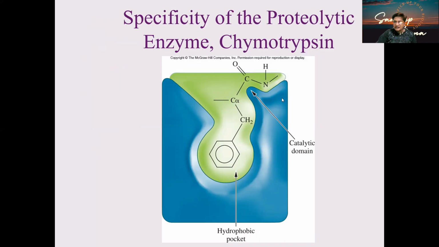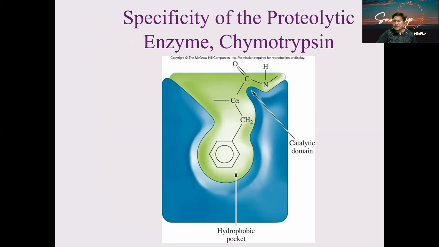What matters here is the catalytic domain. Some of these enzymes work on the C terminus, others on the N terminus. And secondly, the choice of amino acid varies. Some look for small hydrophobic amino acids, some look for bigger aromatic amino acids, for example tryptophan, tyrosine, or phenylalanine, or others just look for a positively charged amino acid.